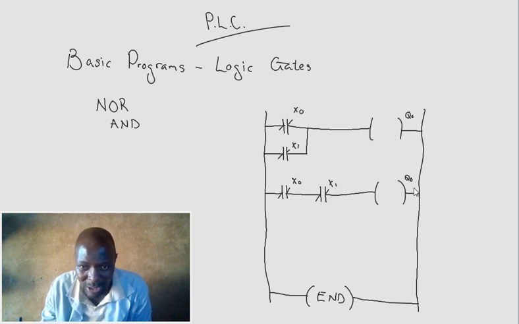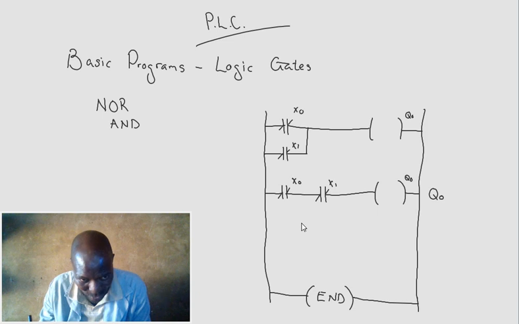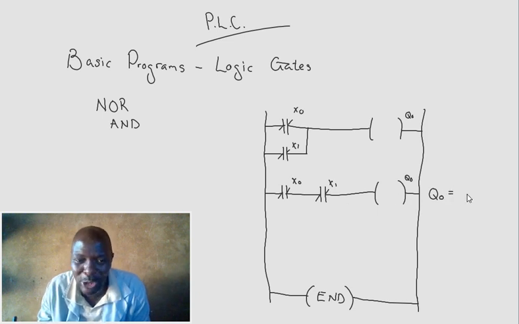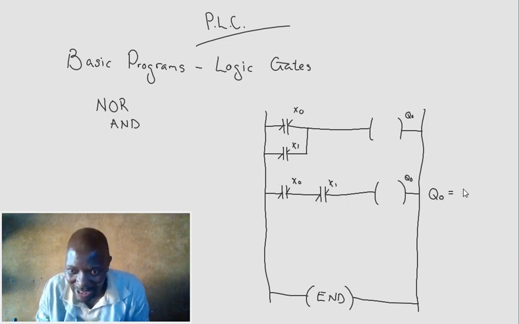Therefore, Q0 is equal to what? Q0 is happy. But if we touch any one of them, if we energize any one of them, for you to get power, you must neither energize X0 nor X1. So this here is actually our NOR gate derived from the AND, not the what? Not the OR.